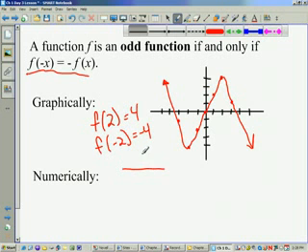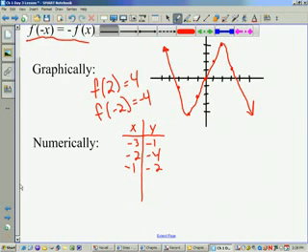Now numerically, it's going to look like this. We have -3, -1, -2, -4, -1, -2, 0, 0, 1, 2, 2, 4, 3, 1.